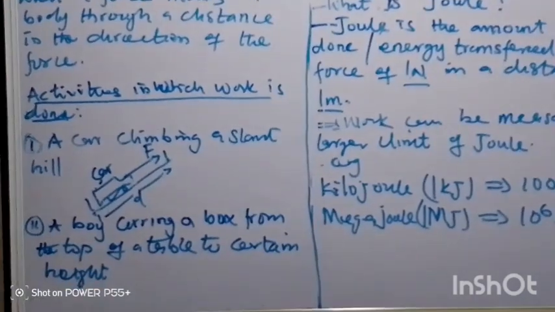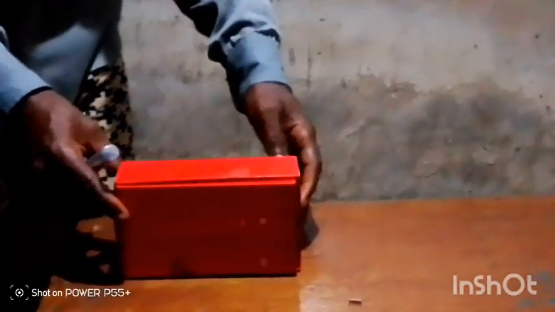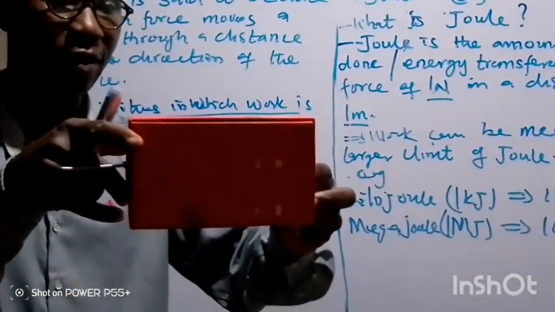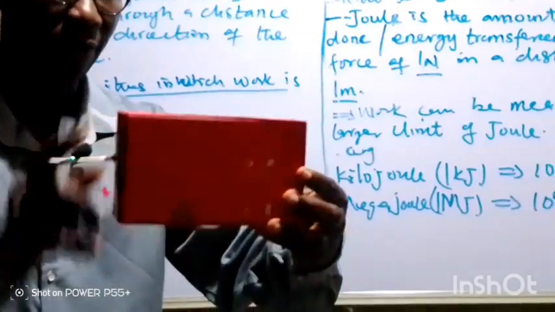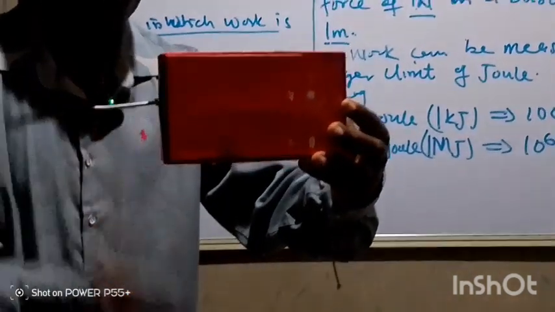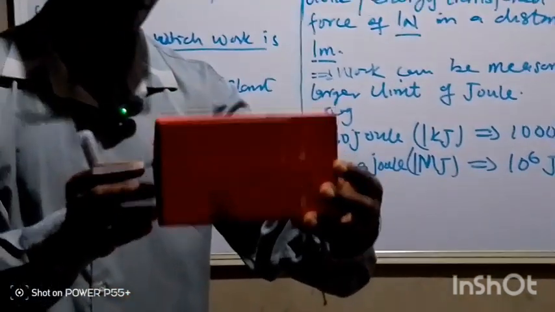Like as I said, this is a bus. The bus from the top of the table is carried like this to a certain height, then work has been done. The force is upward, then the displacement is from the top of the table to this level. So that's the displacement in the direction of the force. So work has been done.